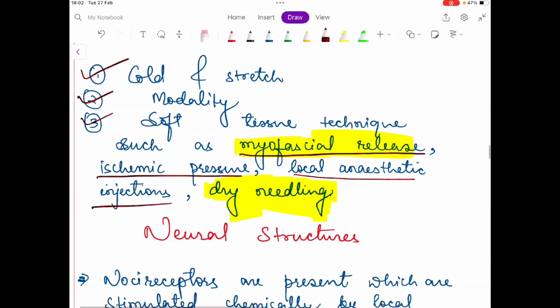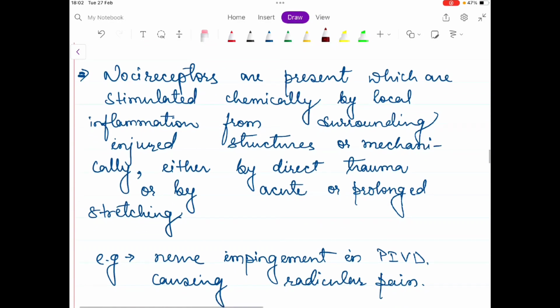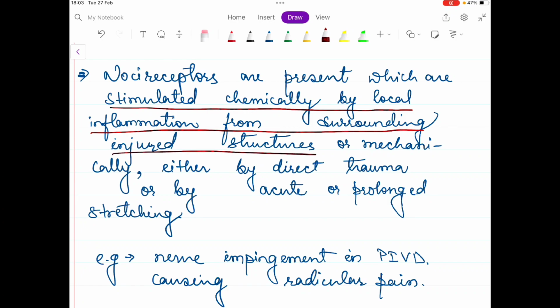All right. Now let's discuss the neural structures. Nociceptors are present which are stimulated chemically by local inflammation from surrounding injured structures, or mechanically either by direct trauma or by acute or prolonged stretching.